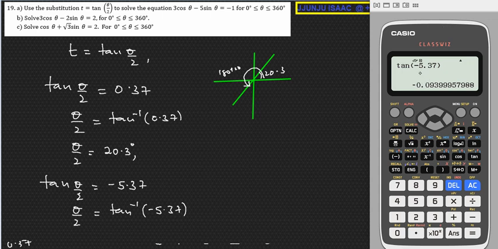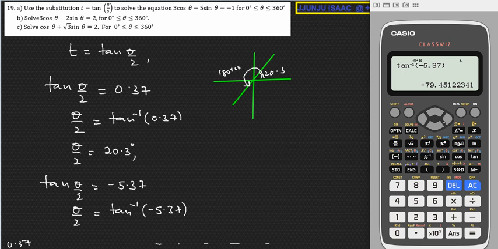Let us find the tan inverse of negative 5.37.